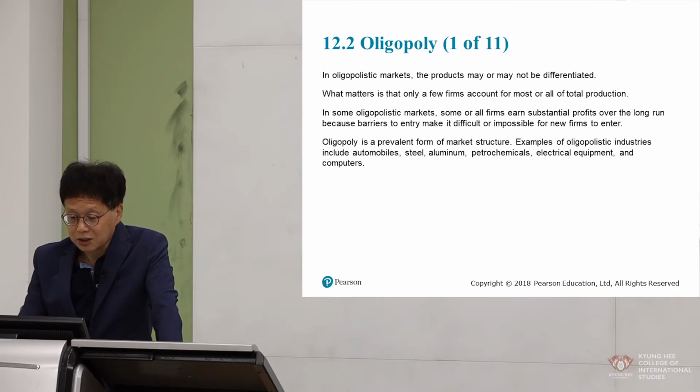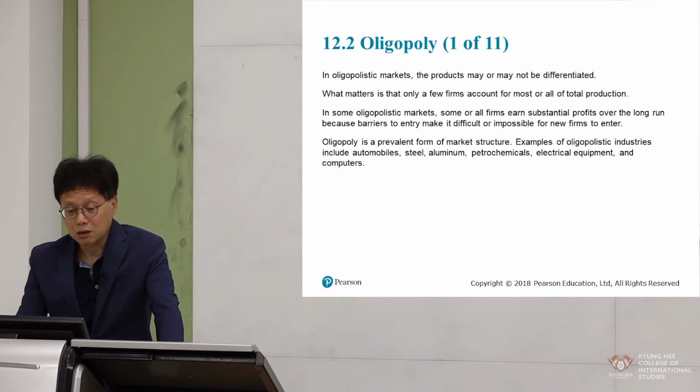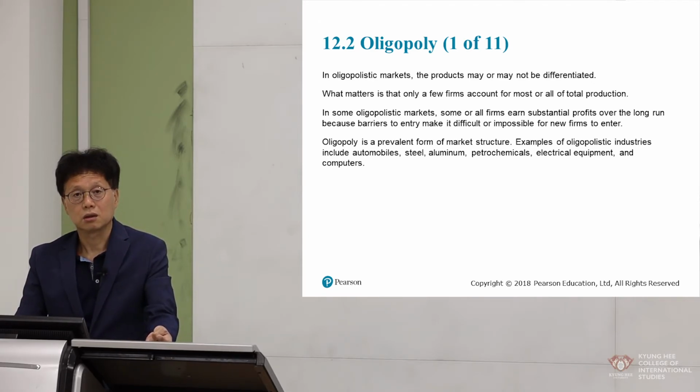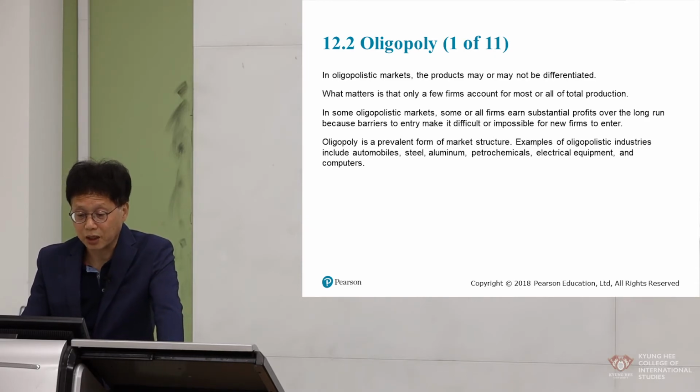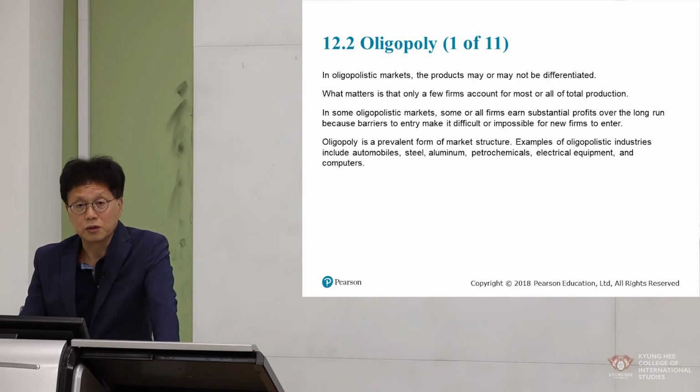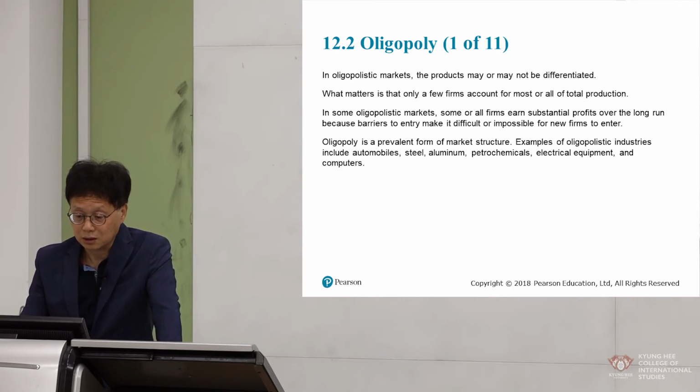Examples of oligopolistic industries include automobiles. In Korea, how many firms exist in the automobile market? Hyundai Motors, Kia, same, right? And Daewoo GM, Ssangyong. A few firms supply all the automobiles in the Korean domestic market. And steel companies, POSCO and Incheon Steel, like this.